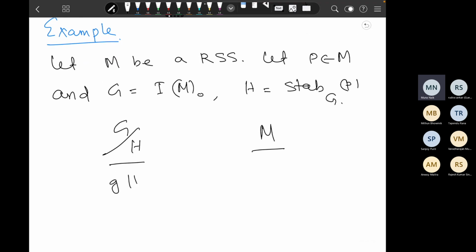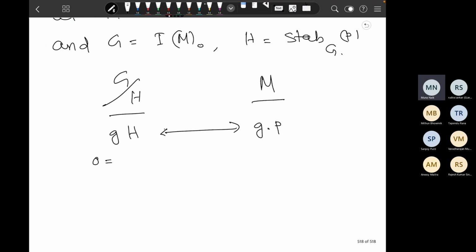You take gH, that will correspond to g dot p. And similarly o, which is really nothing but H, will correspond under this identification to p.